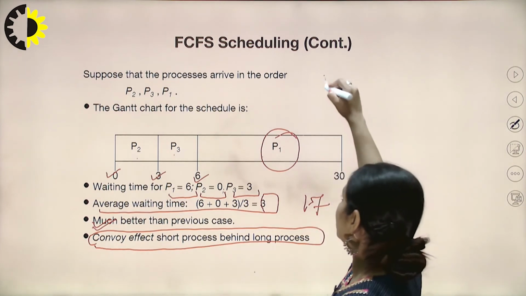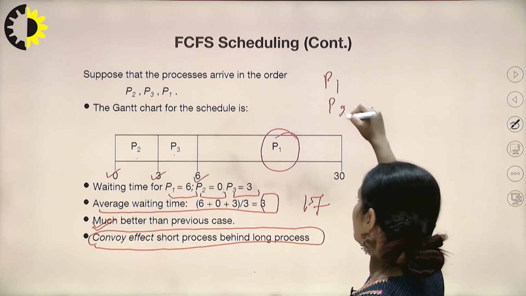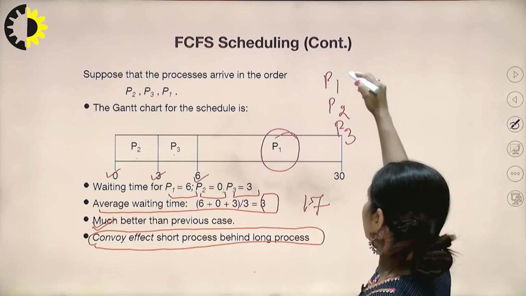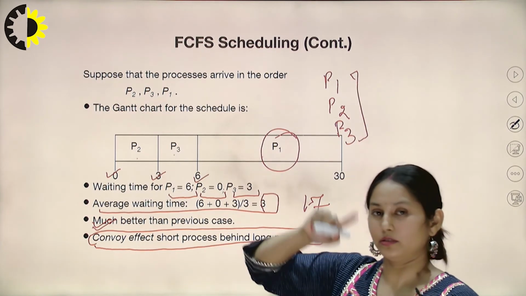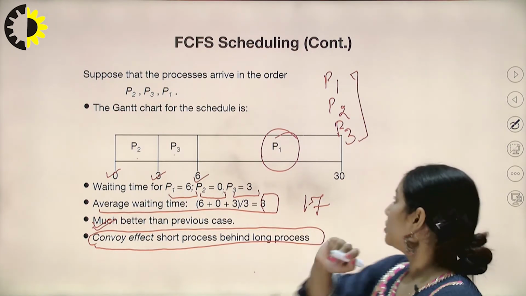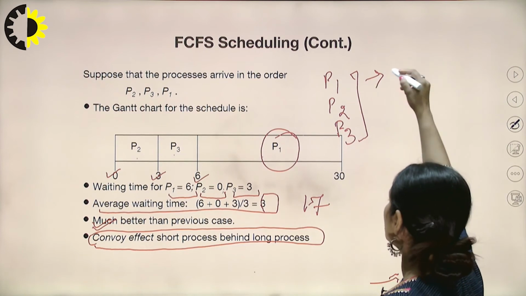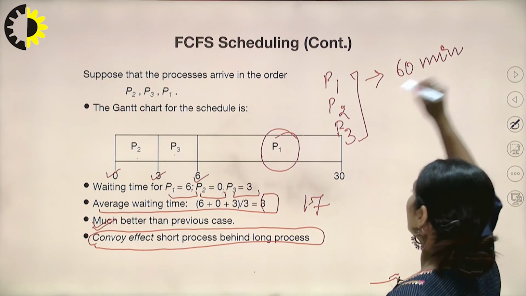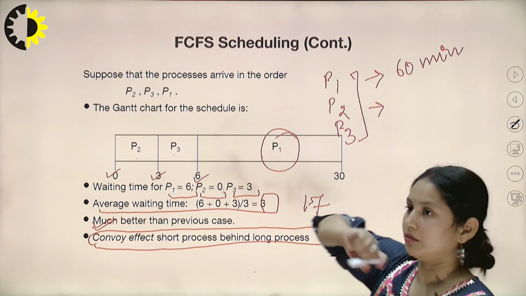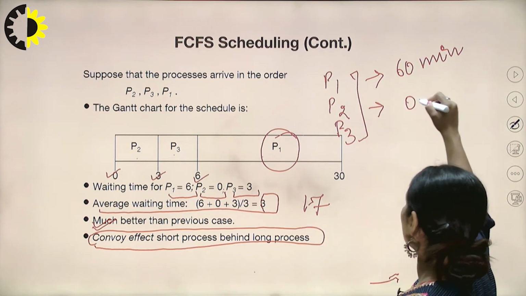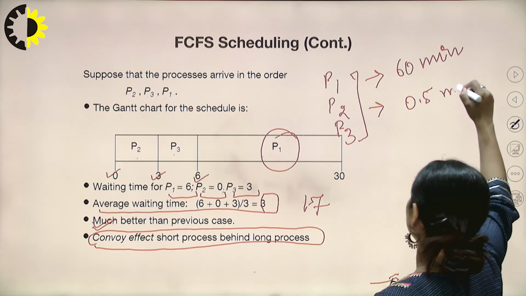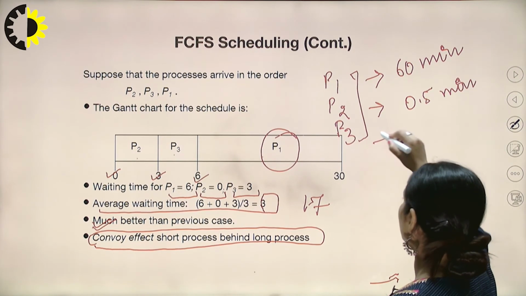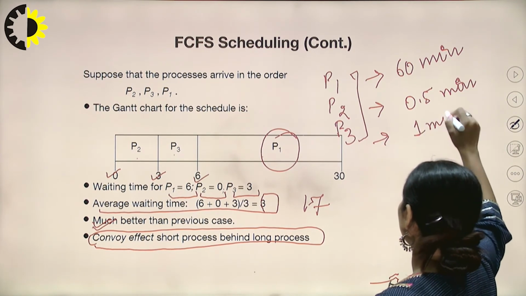Suppose this is the process arrival. P1 will have around 60 minutes, P2 will have around 0.5 minute, and P3 will have around 1 minute.